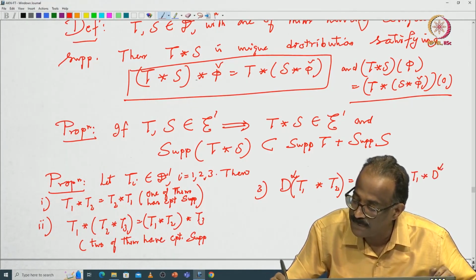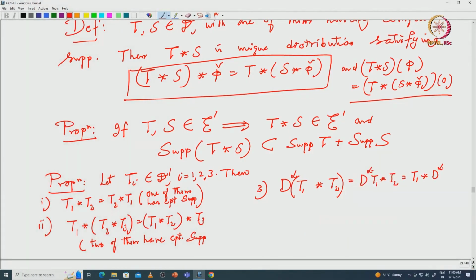All of this requires some small proofs, 1 step, 2 step proofs. So if you are studying it for the first time, it is better to prove it and go through that, it will familiarize you not only with distributions, but also with these convolutions very well. Okay.